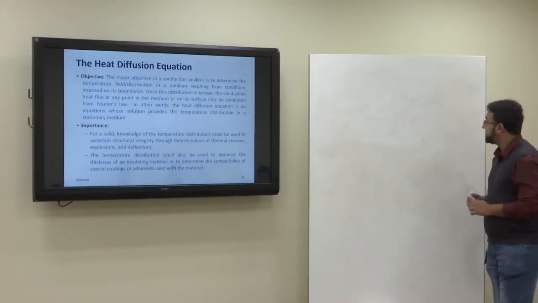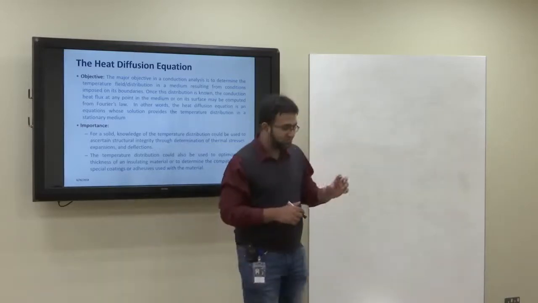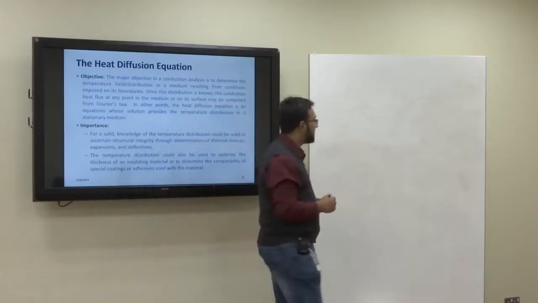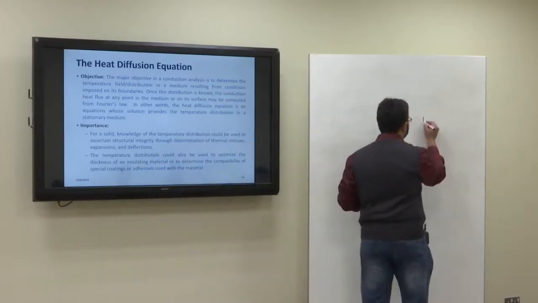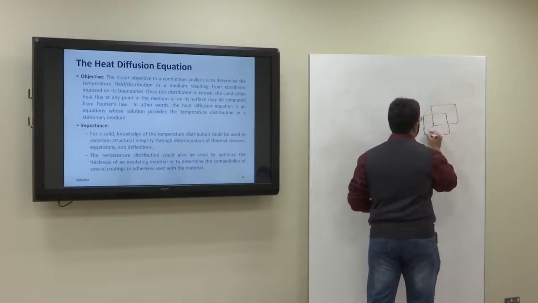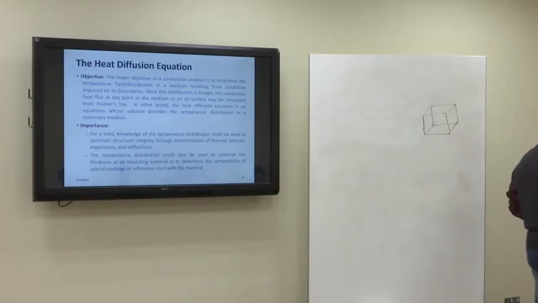The derivation of the main heat diffusion equation starts by taking a differential element, a small element. Let's say we take a small cubical element. This is my small cubical element.